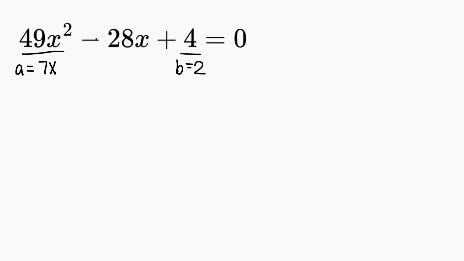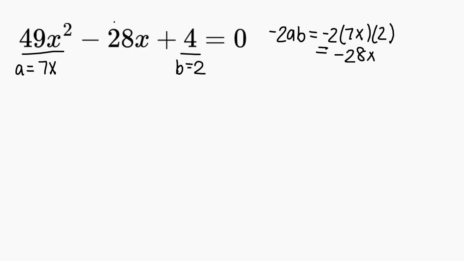Because this is a negative, I would want to check whether this is negative 2ab. So negative 2ab will be equal to negative 2 times 7x times 2, which is equal to negative 28x. So we know this is a perfect square trinomial in the form of a minus b squared, where a is 7x and b is 2.